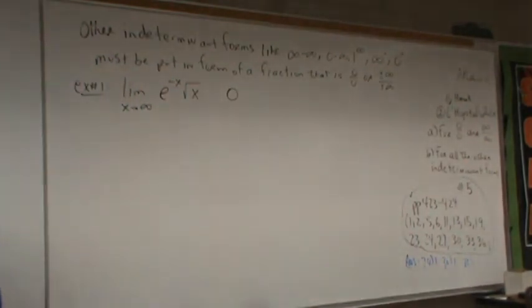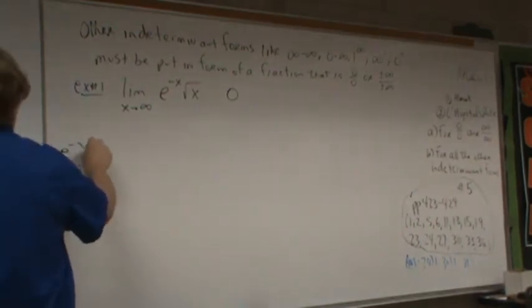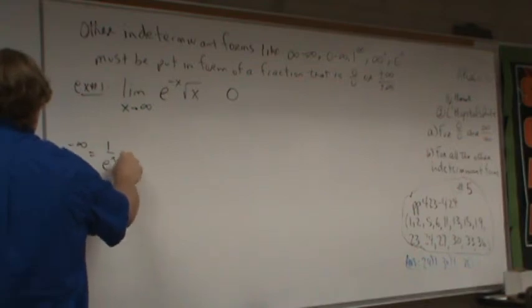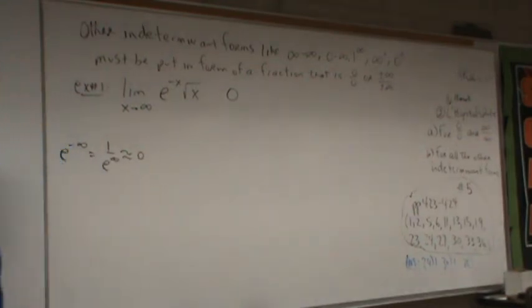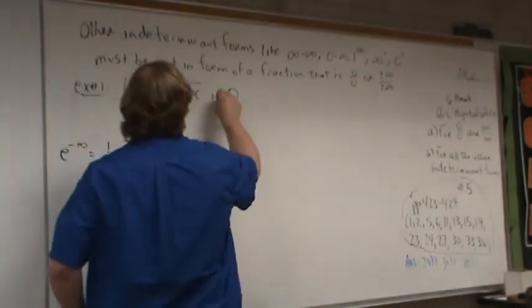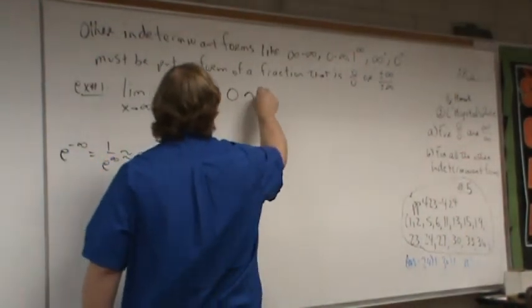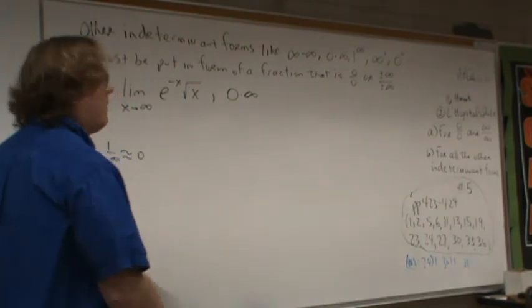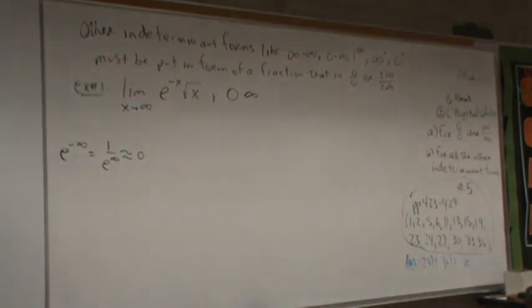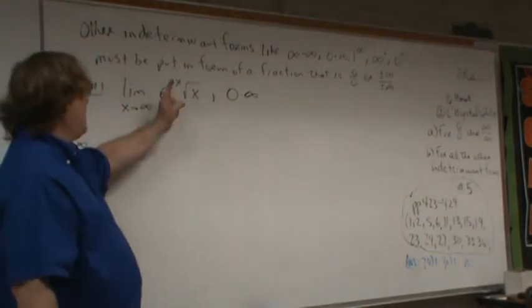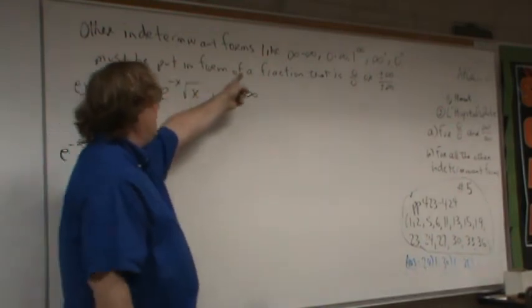That is, e to the negative infinity is the same as 1 over e to the positive infinity, which has a limit of 0. So this guy is 0, but this guy is infinity. I've got 0 times infinity. I can't just stick infinity in because I get 0 times infinity, which is an indeterminate form.